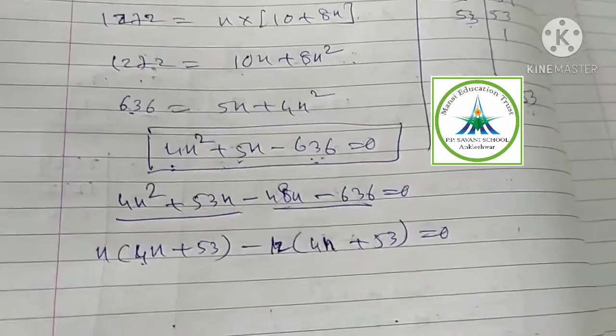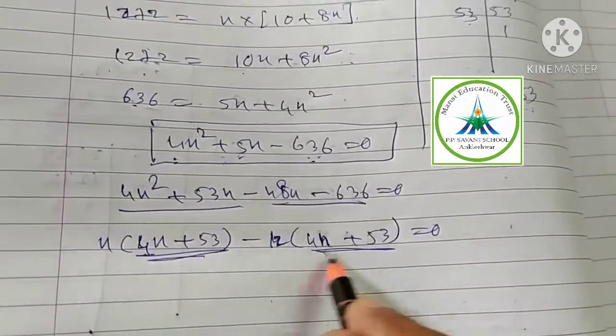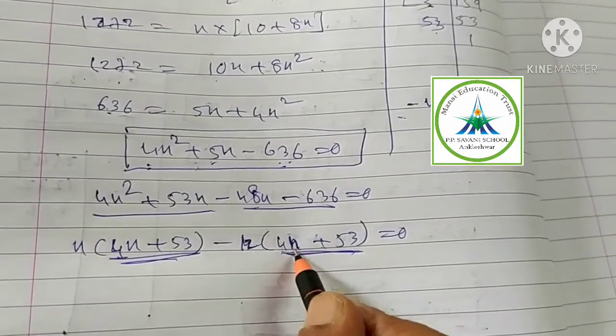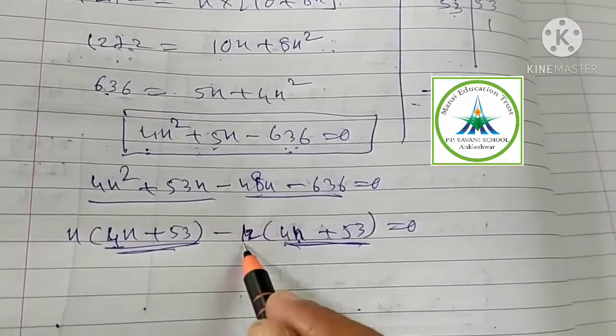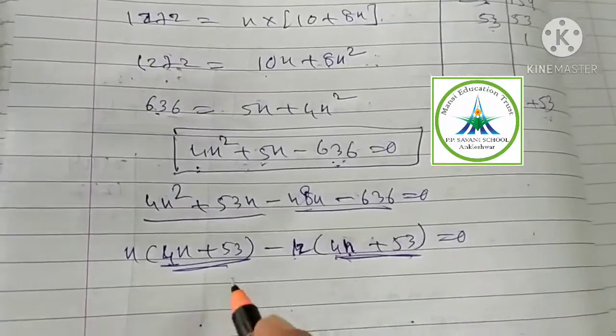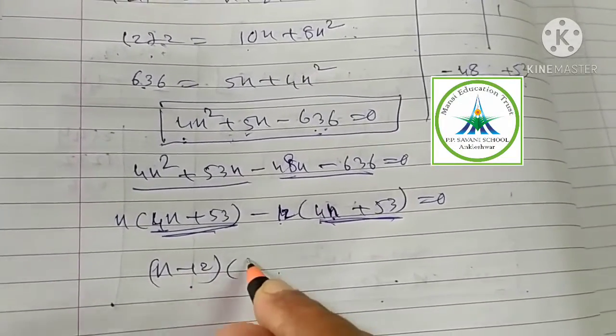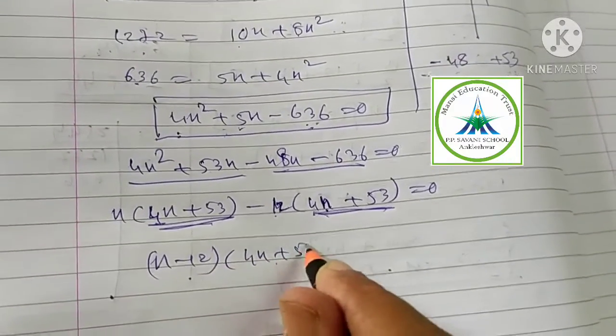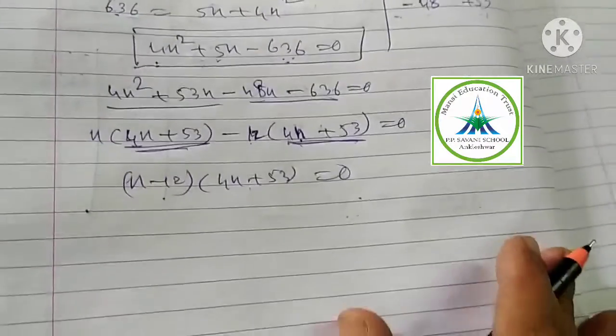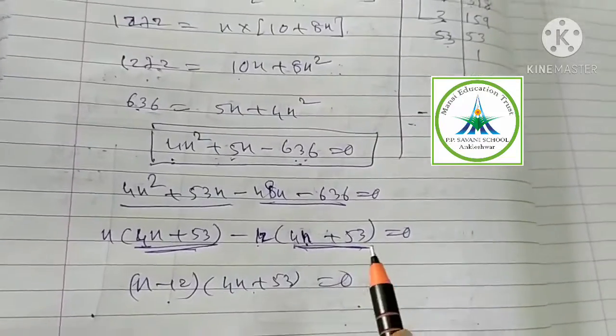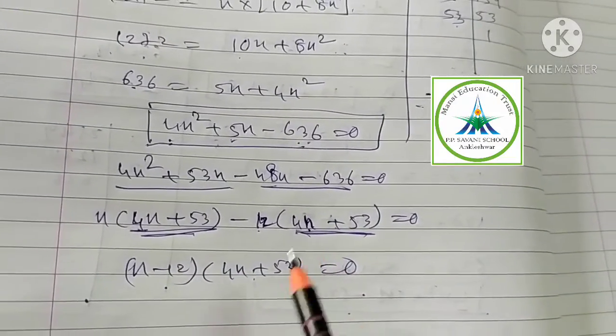How did I do it? I did nothing. I wrote this bracket as it is. This is 4n. So what is to be multiplied by 4 to get 48? 12. This much you can do. So you are getting now n minus 12 and 4n plus 53 equal to 0. Please remember this one.